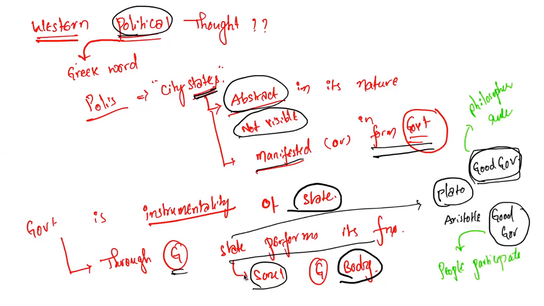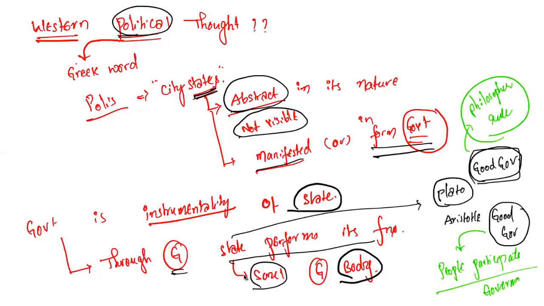People participate in governance. He said that philosophers has to rule, but Aristotle said it is not philosopher, rather it is people who has to rule, and then only there will be good governance. That is what they have said.